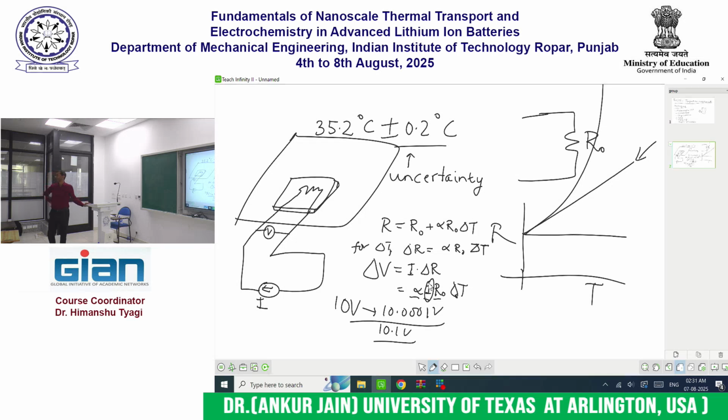Increase the temperature of the... yeah, yeah. The problem with using a very high current is that if I send a large amount of current through this sensor, it is a resistor after all, it will generate its own heat. It will short also. It won't short. Why will it short?